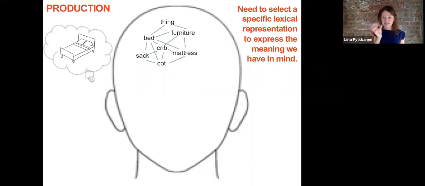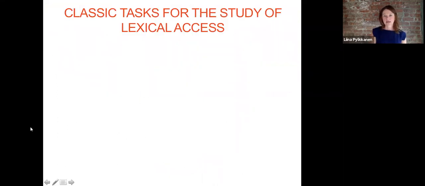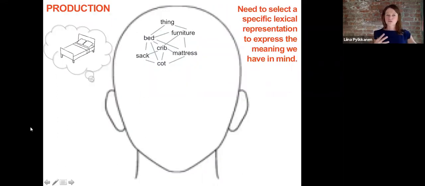And once we've made that specific decision, then there are a lot of other processes that will follow, like programming the exact phonological sequence and so forth, and then ultimately actually saying it, if you're speaking aloud. So those are the shapes of the lexical access task in comprehension and in production.